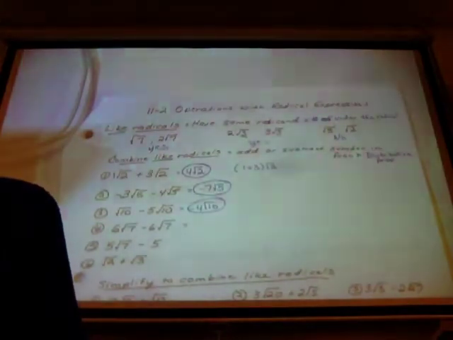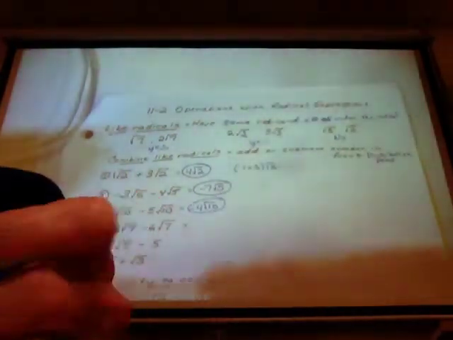Radical 7. What would then be 6 radical 7 minus 5 radical 7? Radical 7. So what do you think this would be, Hans? 0 radical 7, and what's 0 times anything? 0. Your answer is 0.